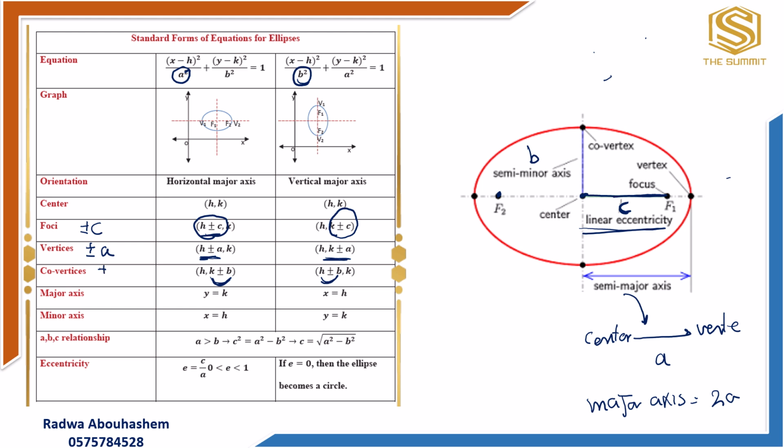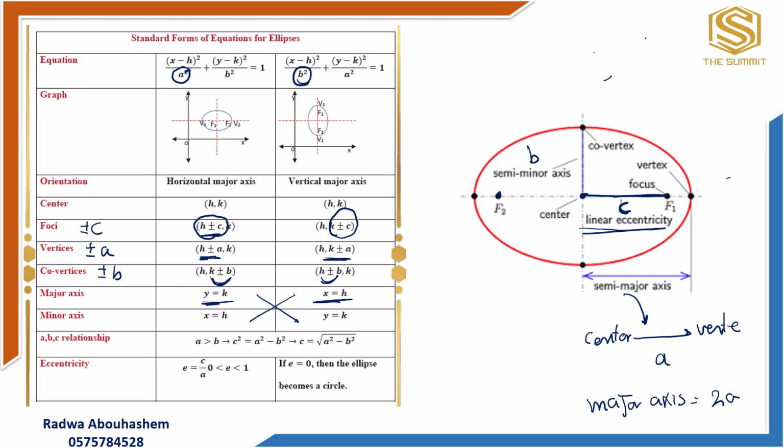You're going to add b, but for horizontal, you add it to the k, and for vertical, you add it to the h. The major axis, if it's horizontal, so y equal k, and if it's vertical, so x equal h. The minor axis, you switch. If it's horizontal, so x equal h. If it's vertical, so y equal k.